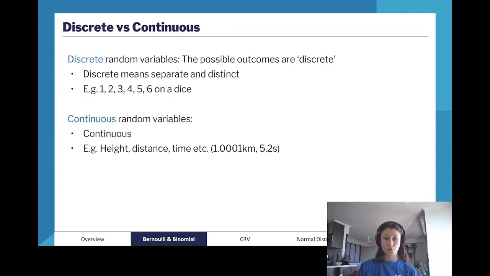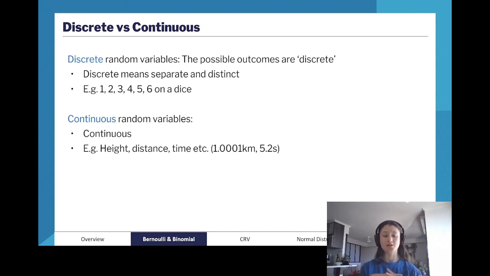Do you remember what the difference between discrete and continuous random variables are? Right? So discrete random variables are essentially variables where the outcomes are discrete, right? So it just means that we can only have certain outcomes, and usually these outcomes are integers, right? An integer is just whole numbers, going up in values of 1. So an example of this is getting 1 through 6 on a dice, right?